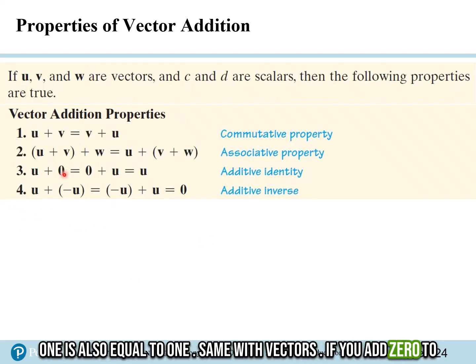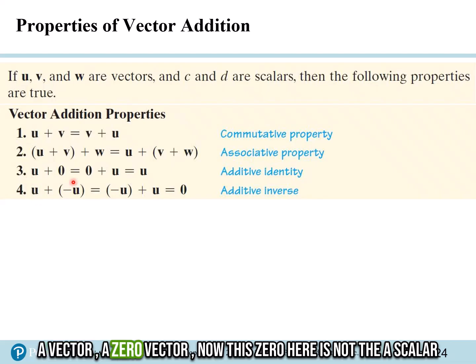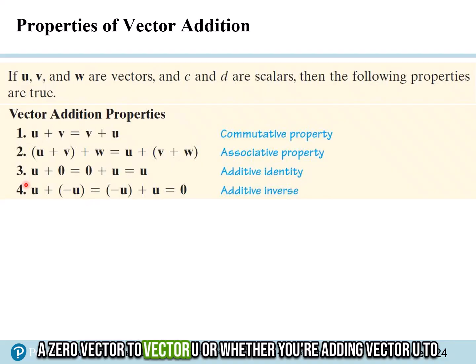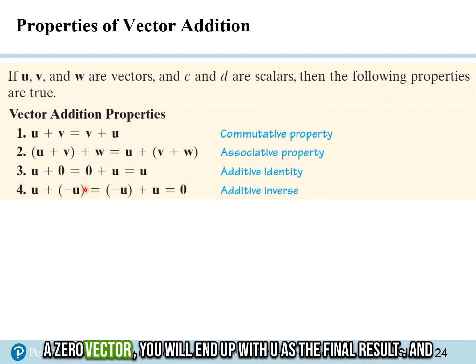Now this 0 here is not a scalar quantity, it is a vector. So whether you're adding a zero vector to vector u or whether you're adding vector u to a zero vector, you will end up with u as the final result.